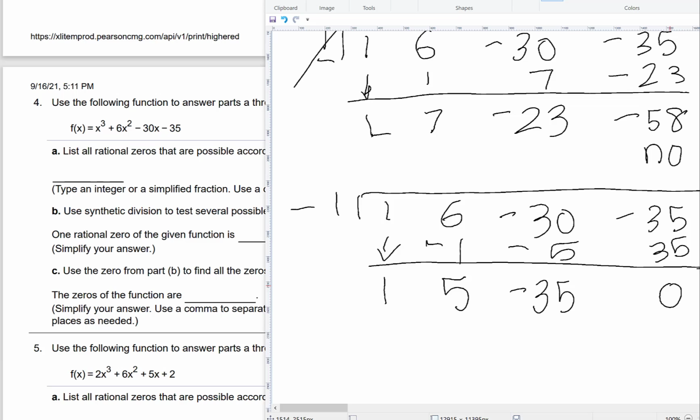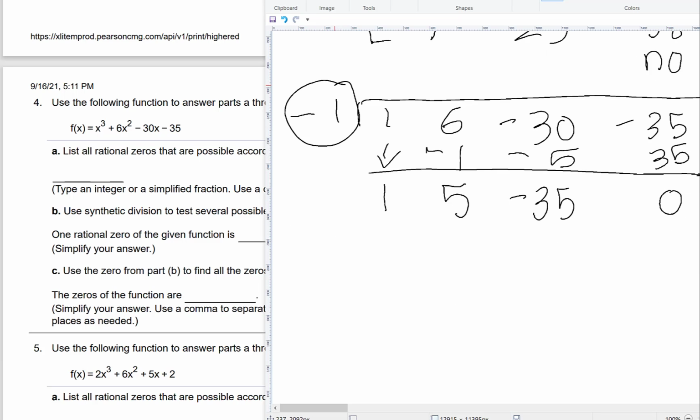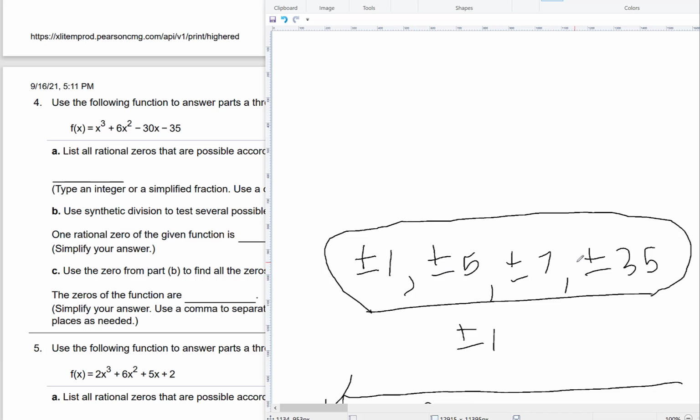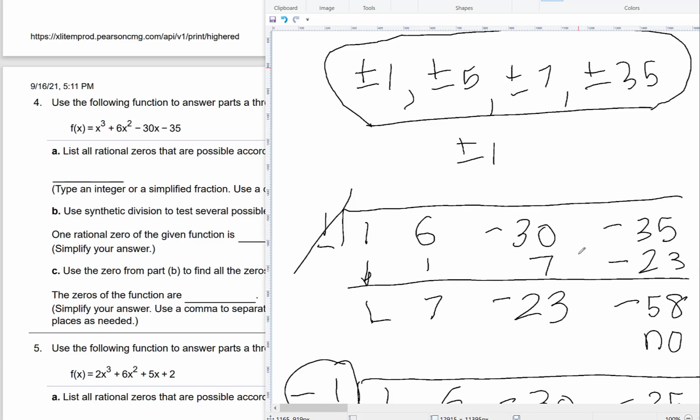Add 0. So yes, this is a 0. This is now reduced to x squared plus 5x minus 35 equals 0. So the possible rational roots are still these that we originally listed.